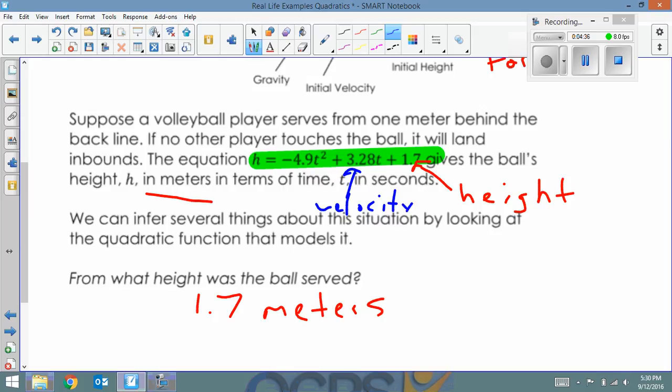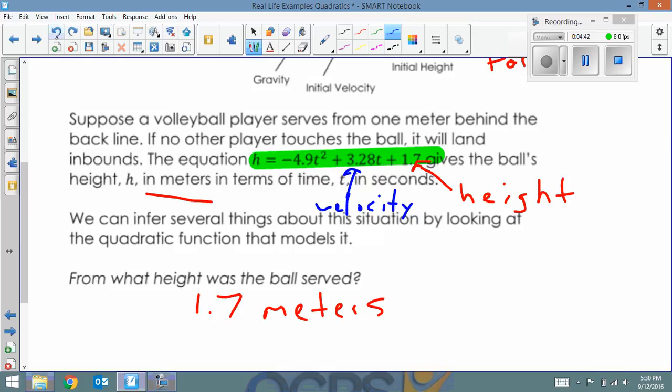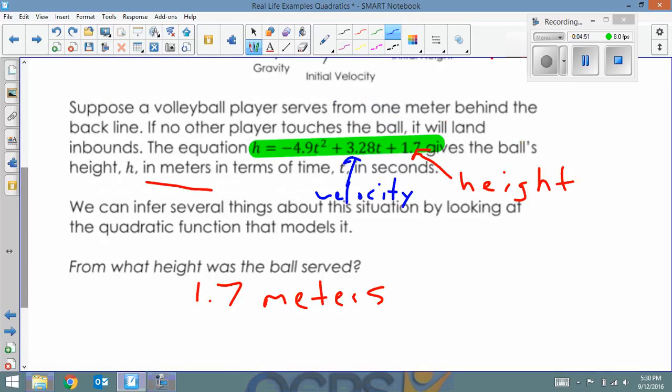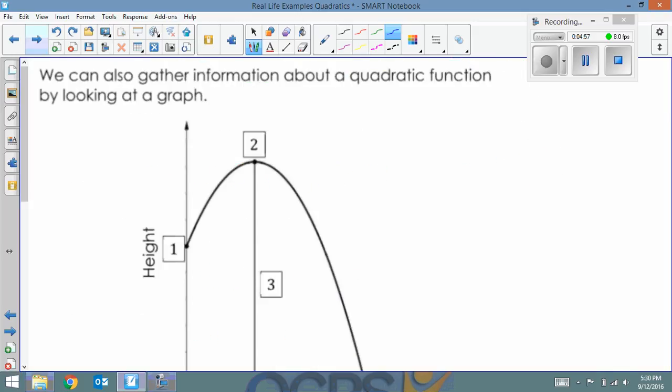So our velocity in this case is 3.8, and it's meters per second again, because the height is in meters and the time is in seconds here.